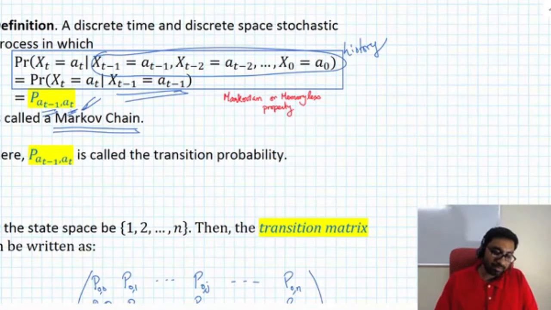So this probability P AT minus 1 to AT is called the transition probability. Basically, it's the probability that if you are at state AT minus 1, then you will move to state AT with this probability.